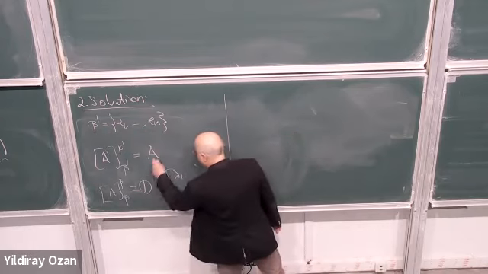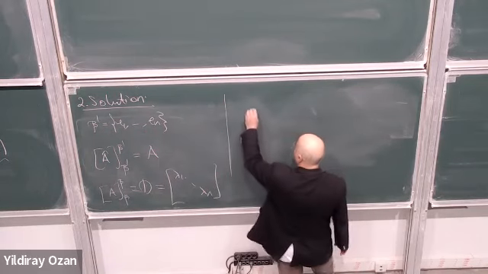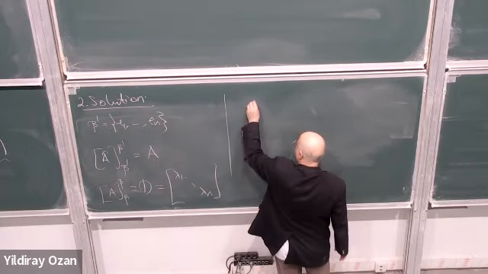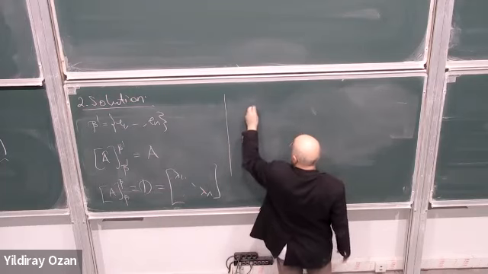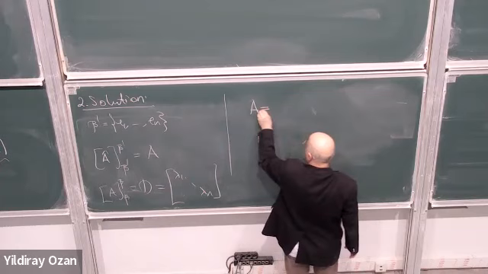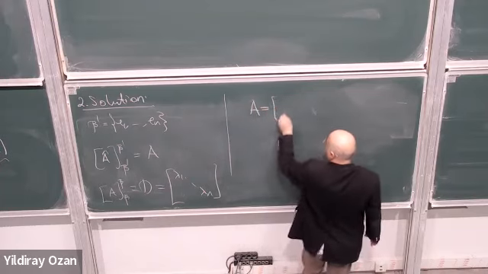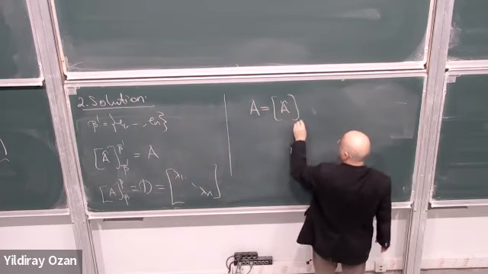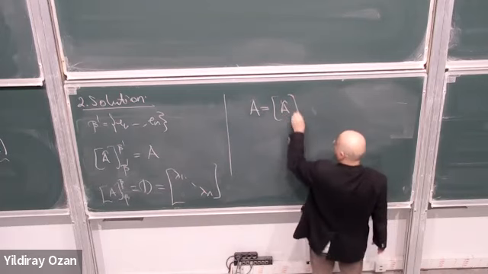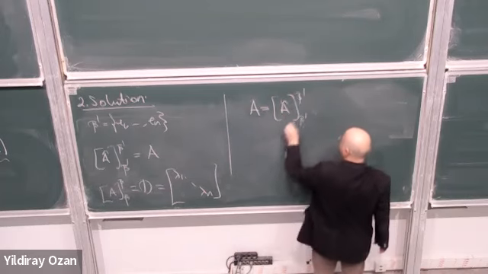And we have a relation between these two. What is the relation? Let's say A was the matrix representation of A hat from beta prime to beta prime.